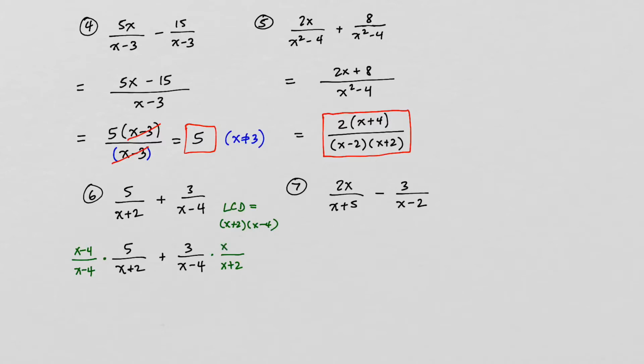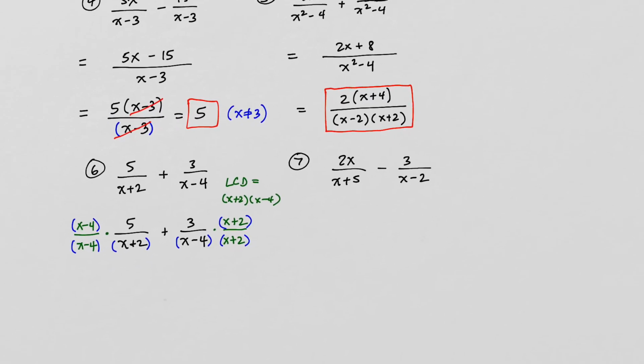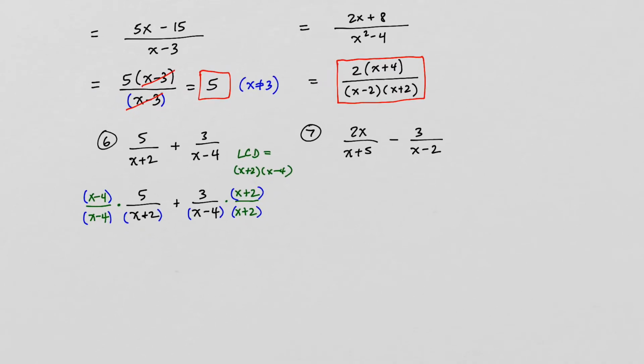And of course, whatever you do to the denominator, you must do the same thing to the numerator. And it's really important here that you consider putting parentheses around all of these binomial factors. Now, the next step is important. What we're going to do next is rewrite each of these two fractions.